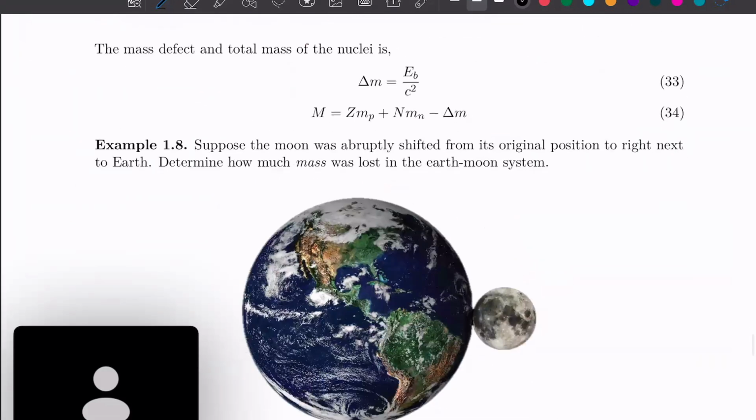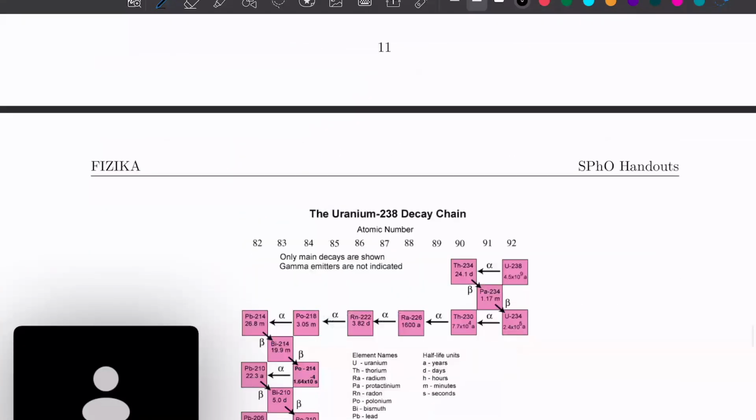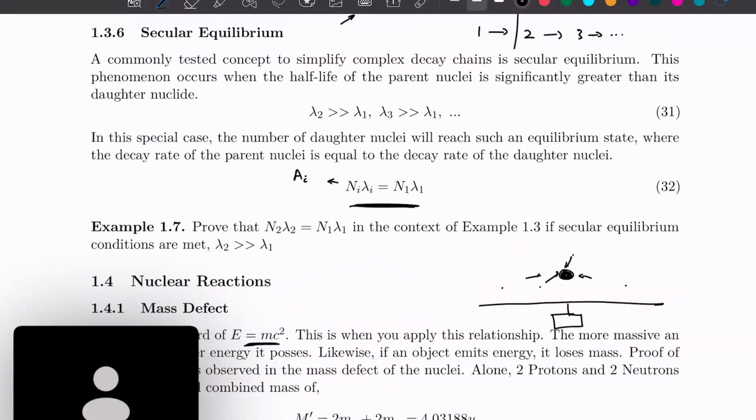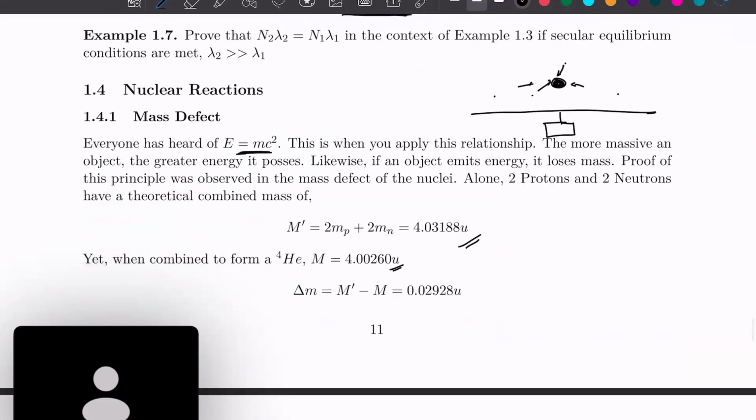So in this case, since the energy of the system decreases, the mass of the system decreases. Likewise, when my nucleons were infinitely far apart, the energy of the system was larger, whereas when I combined them into a helium nucleus, the energy of the system has decreased, and so the mass of the nucleus has decreased also.